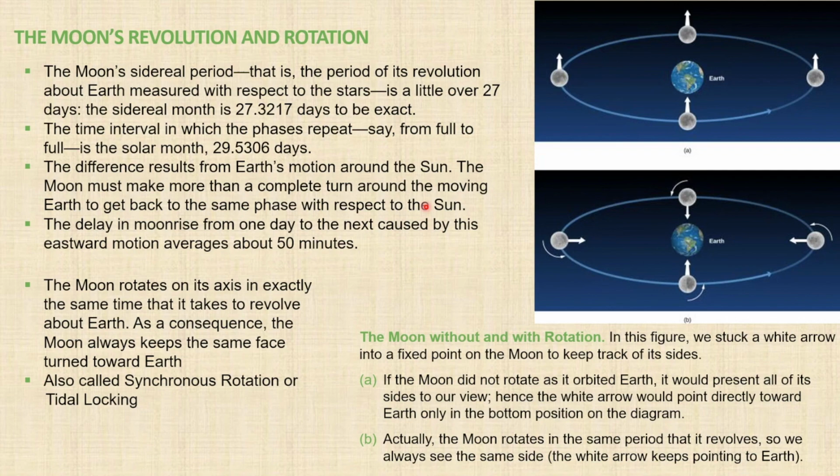The concept is, Earth is here and the moon rotates, and when it's rotating, the other side must come around and we should be able to see the other side of the moon, right? However, due to its synchronous rotation, meaning its rotation time is equal to its revolution time, the moon only shows one face when it goes around.